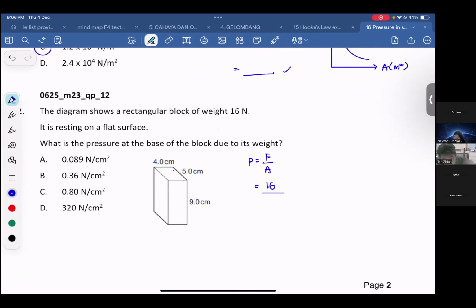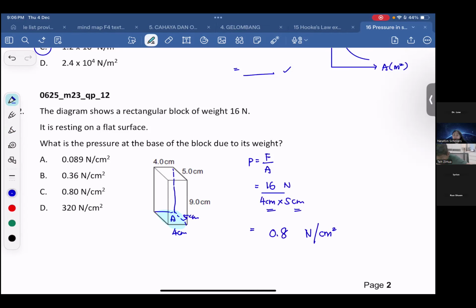Nothing to trick you. Basically, this is the area. The area is 4 cm and then here is 5 cm, so you should do 4 cm times 5 cm. Be careful, this is cm. So your final answer should be Newton per cm square. Your answer, normally you write 0.8.